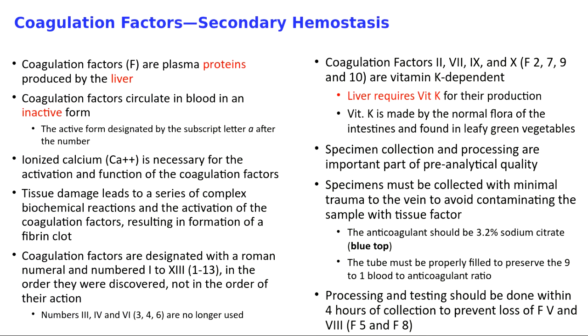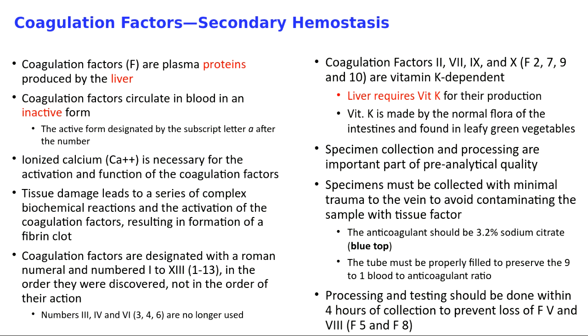But the laboratory will have to do the testing to see how much activity. We usually go by activity. There's a couple of factors that we measure in milligrams per deciliter, but mostly we go by factor activity. So just so that you know, in the other slides, we're going to see how they work.